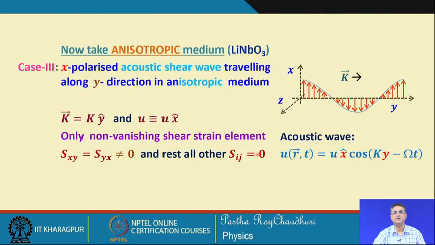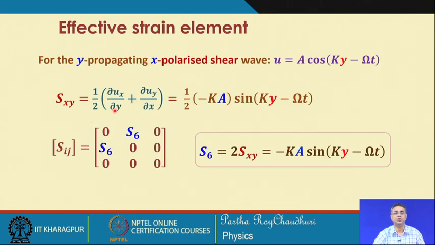You can see that there is a variation of u x as a function of y, so del u x by del y is non-zero. That gives you this S xy, and in a similar way S 6, which will occupy these two off diagonal positions, is equal to twice S xy and this quantity. This we have seen earlier also in the same way.